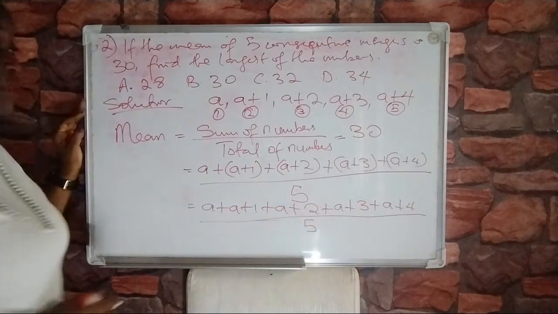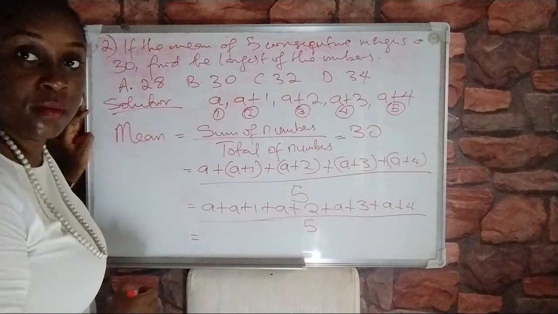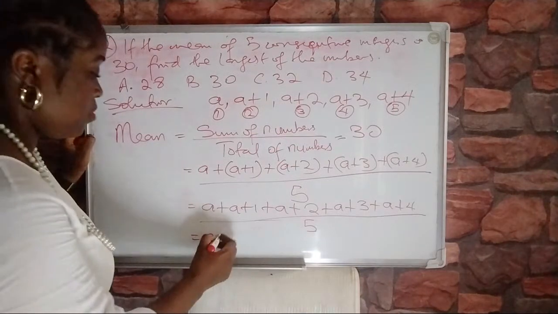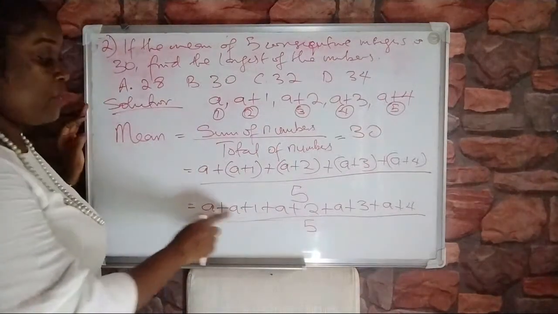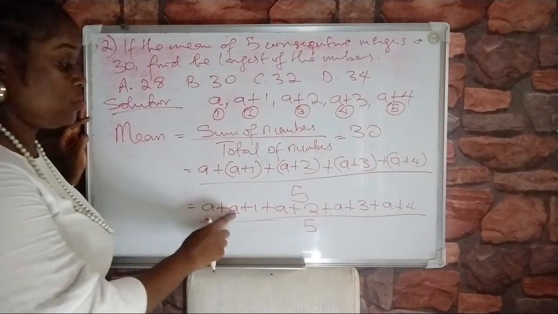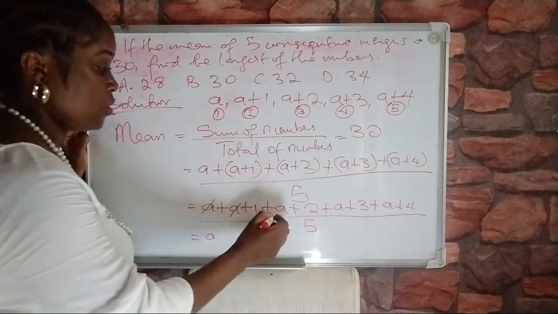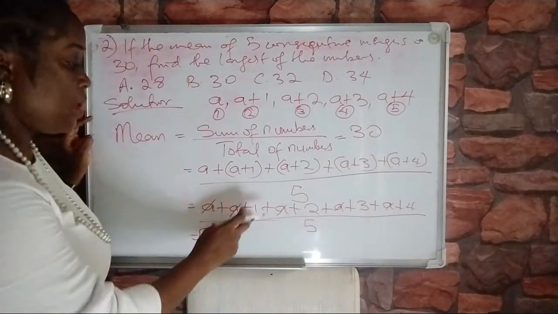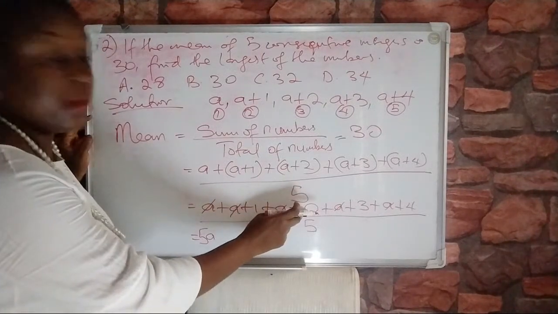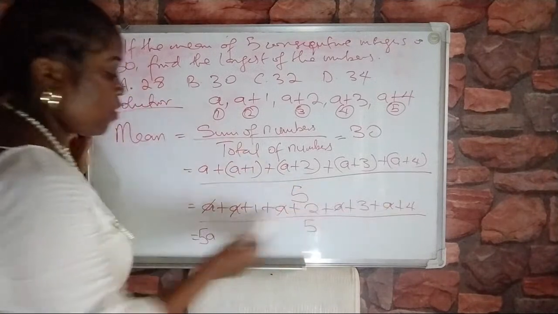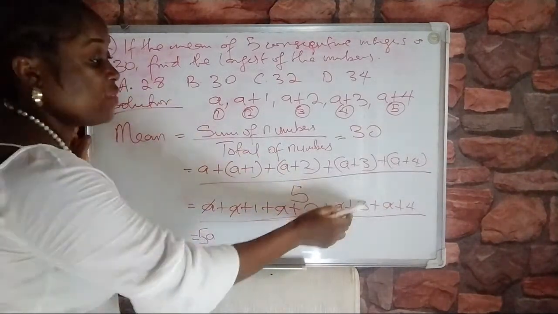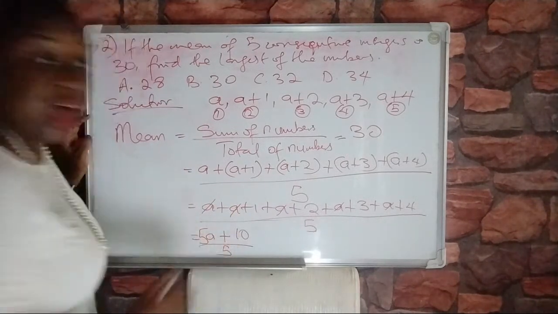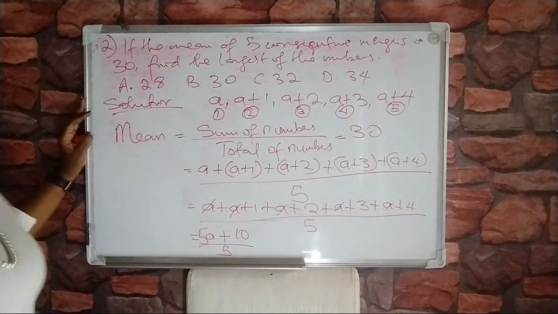Taking like terms, how many A's do we have? 1, 2, 3, 4, 5. So we have 5A. Then 1 plus 2 is 3, 3 plus 3 is 6, 6 plus 4 is 10. So 5A plus 10 all over 5.